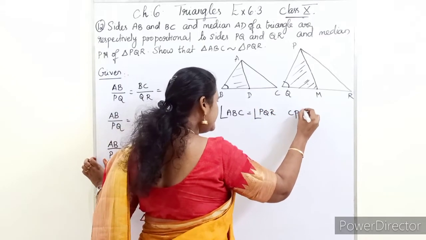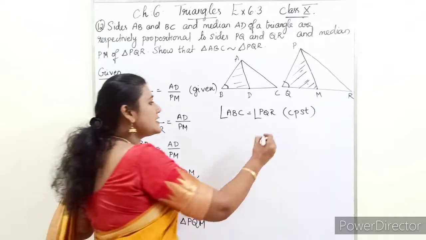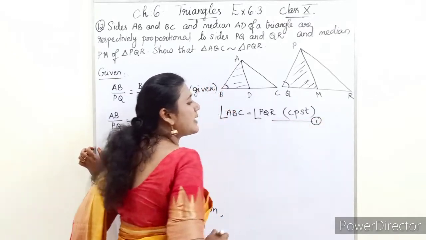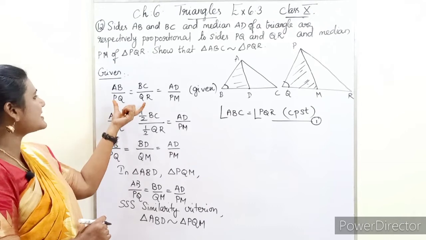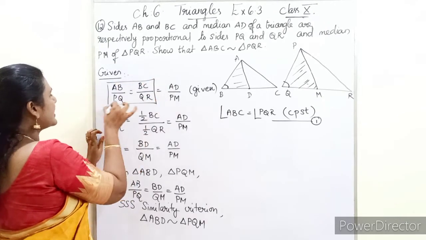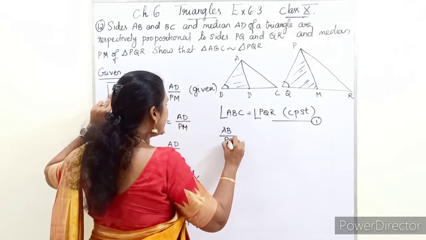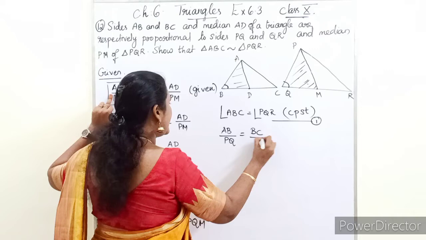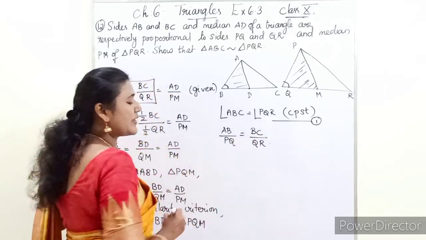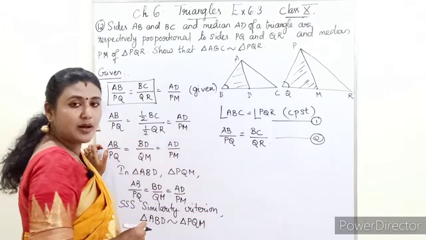Reason: corresponding parts of similar triangles. So this we will name as equation number 1. Now from the given condition, we can take the first two ratios. So AB by PQ is equal to BC by QR. Okay, we have this condition also. This we will name as equation number 2.